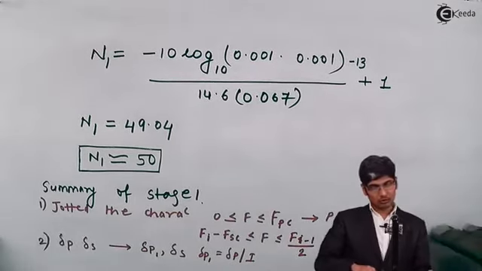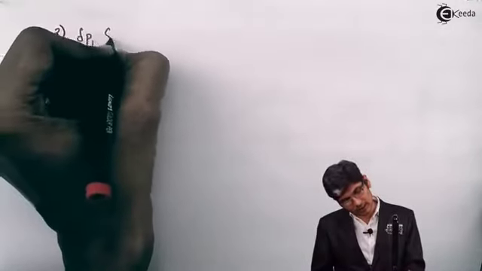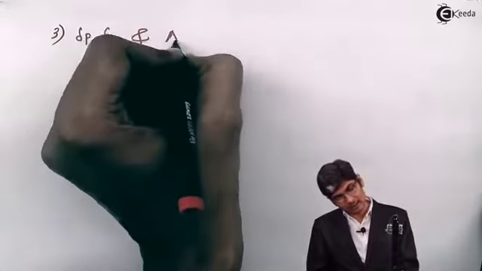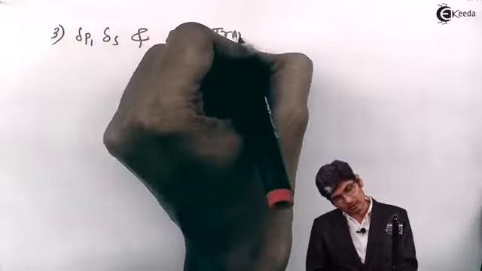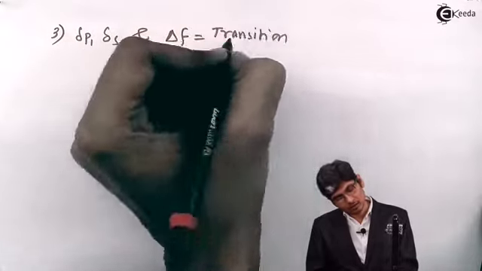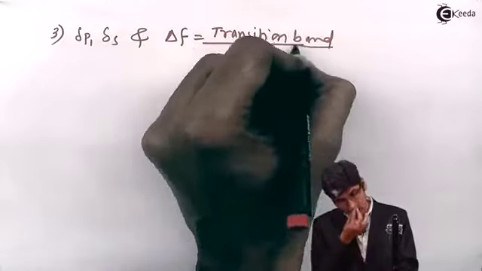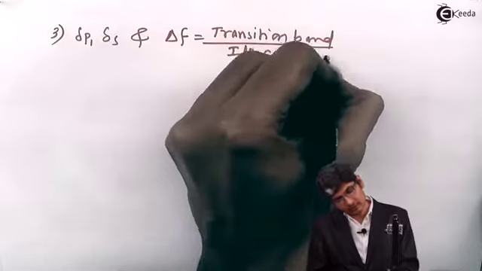Third, we used delta p1, delta s and delta f, which is the transition band upon the input sampling frequency of that stage.